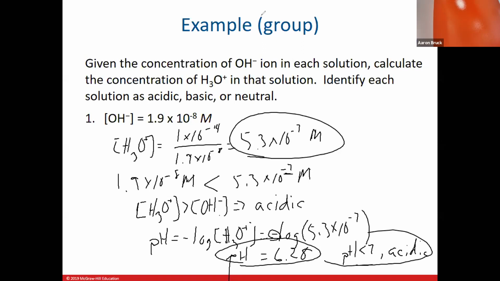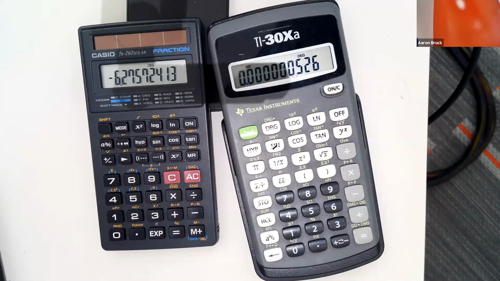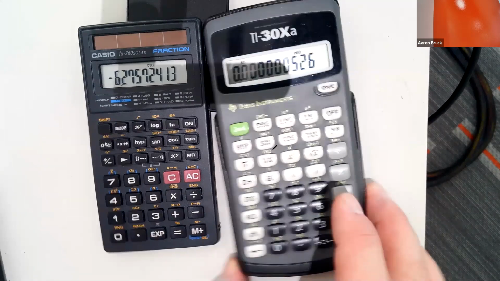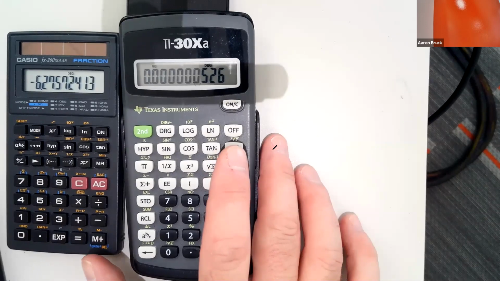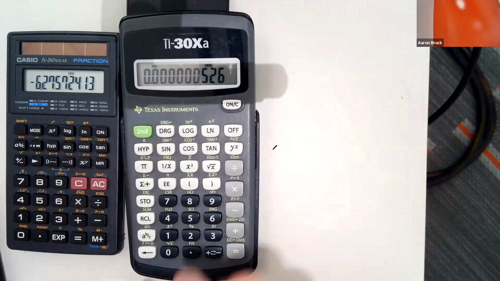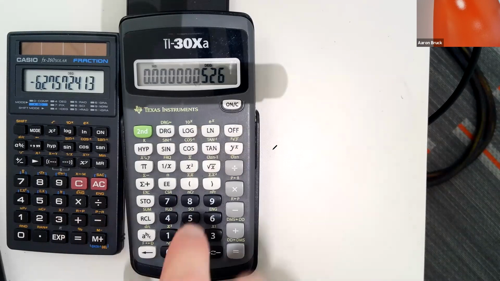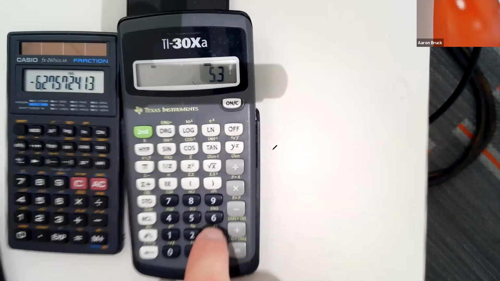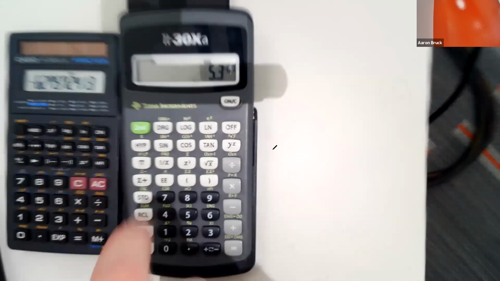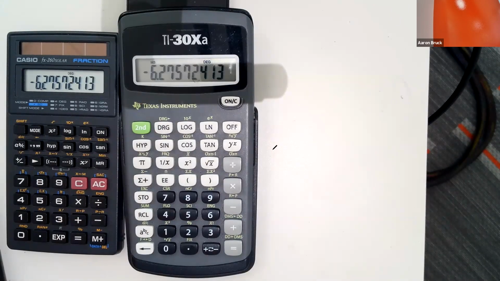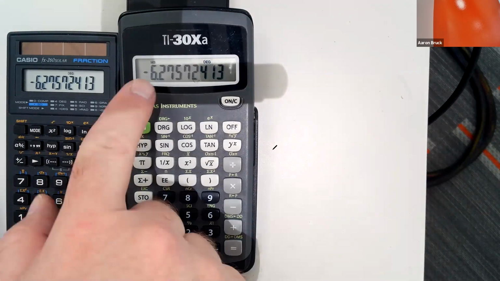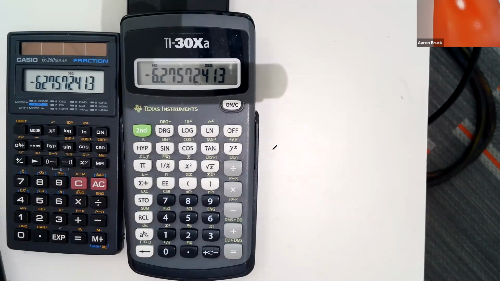Let me just throw that up on the calculator here, just so you can see. If you're dealing with a scientific calculator like this one, where you've got to press the functions individually, I've got my 5.3 times 10 to the negative 7th. If I touch the logarithm button, it would give me negative 6.27.